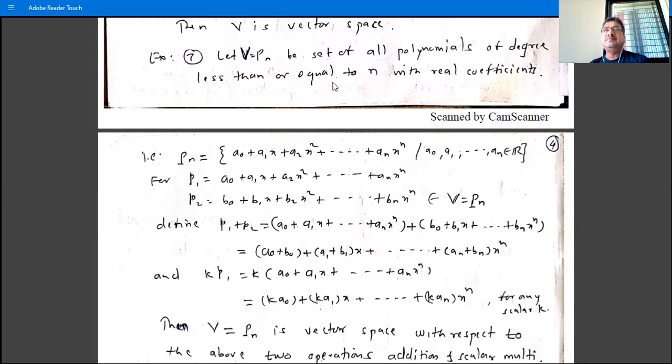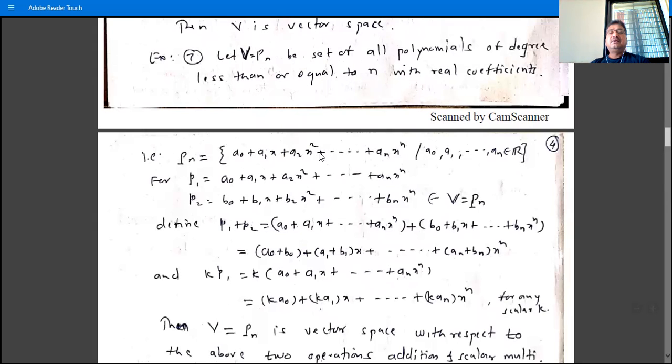Sometimes the coefficient of x raised to n in the two polynomials, by taking addition, may be equal to 0. That is, the addition of two polynomials of degree n may or may not be a polynomial of degree n. It is a polynomial of degree less than or equal to n.